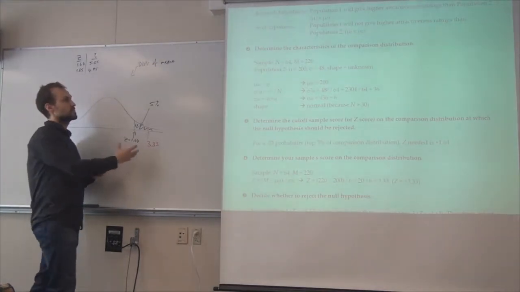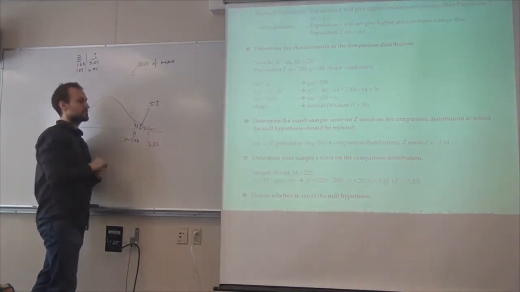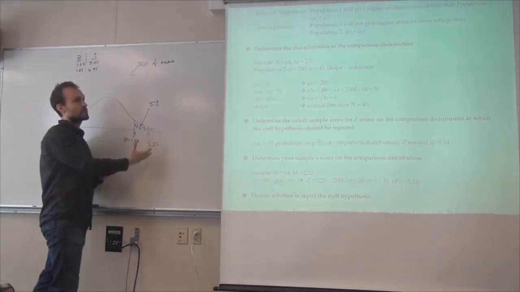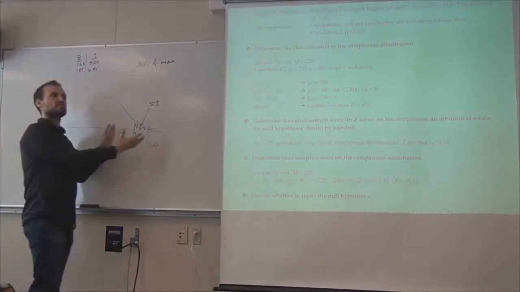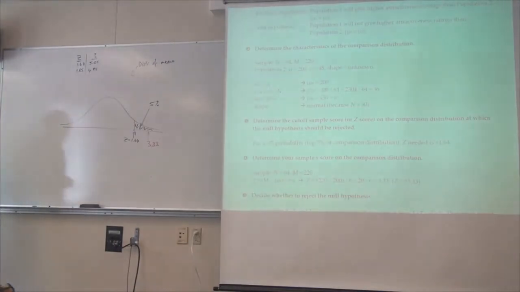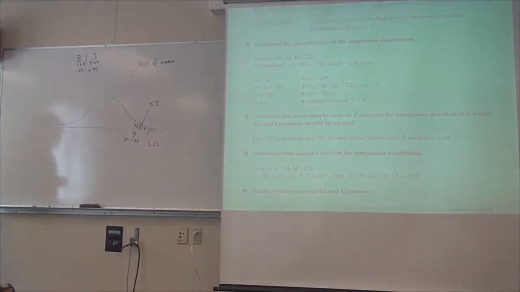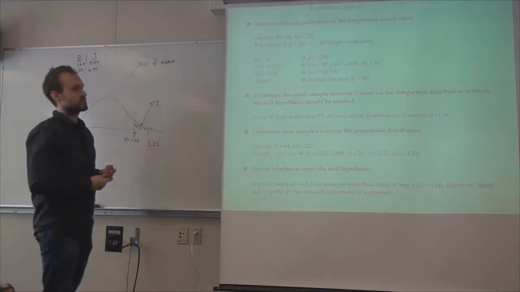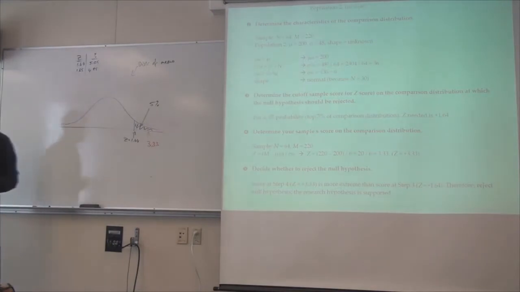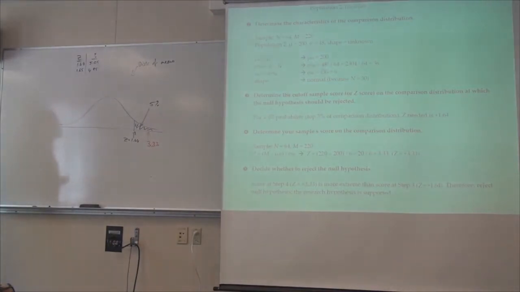So it's evidence at the 5% significance level to support the research hypothesis that there has been some sort of shift in the distribution. Any questions on that? So I reject the null hypothesis in support of the research hypothesis that there is some change. The mean is higher. Any questions? Does it make sense?